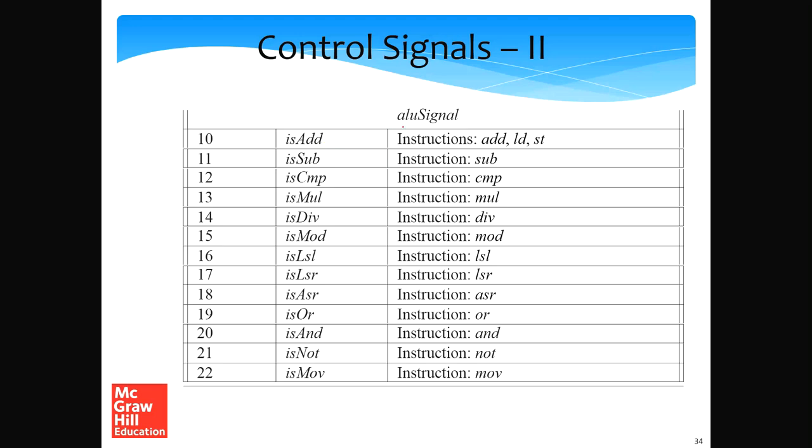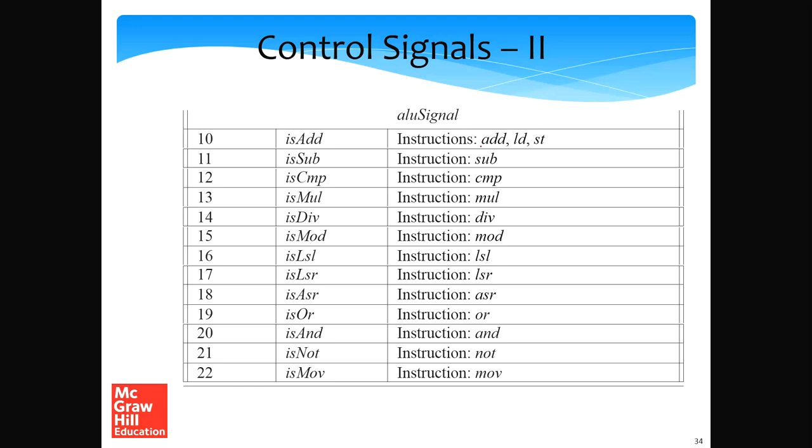Let's now take a look at, so those were the basic control unit signals for the entire data path. But then let's look at the ALU signals, so the signals sent to the ALU. So the is-add signal is when you want the ALU to do an addition.